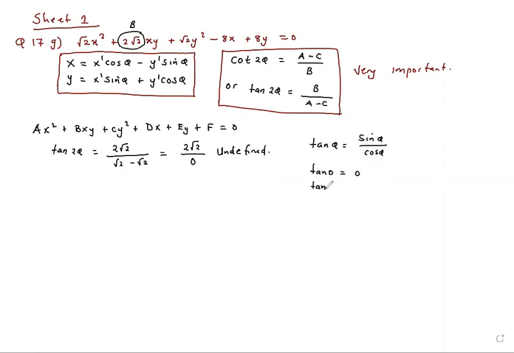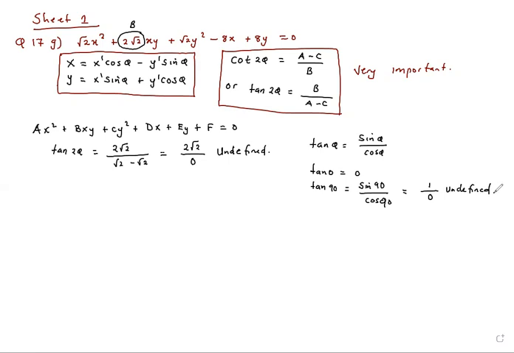Tan 90 is sine 90 over cos 90. Now sin 90 is 1 and cos 90 is 0, undefined.